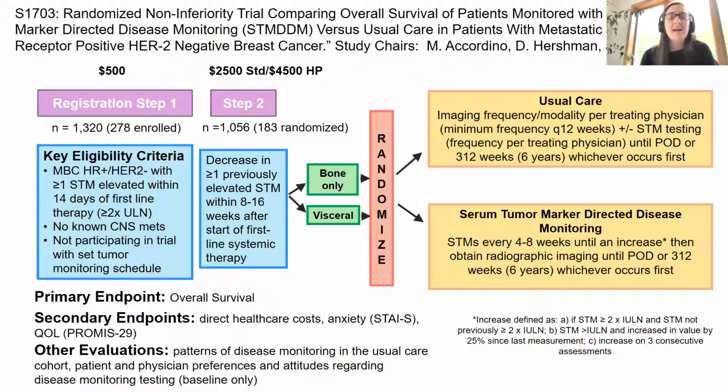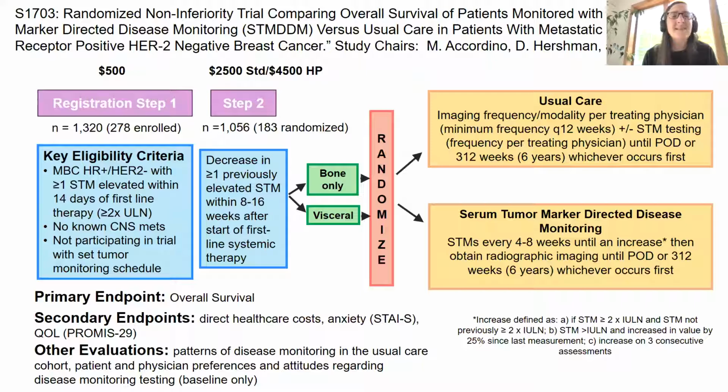And this study has also been slow to accrue. A slew of modifications were made to make it much easier in terms of some of the requirements and the time frames. It was also hit a bit because, I think, during COVID people just adapted this policy because it was easier for patients to get screened less.